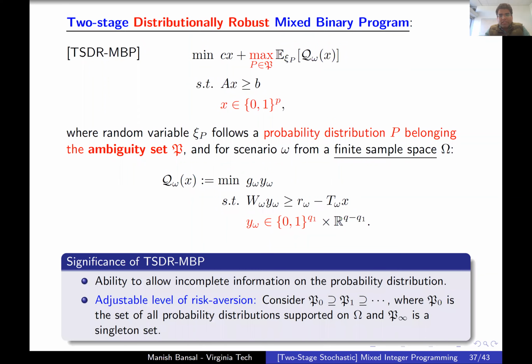The significance of this generalization is that it allows incomplete information on the probability distribution, and it also provides an adjustable level of risk aversion. I can have the set P defined as all probabilities supported on omega to get robust optimization, and I can have P be a singleton set, which leads to the two-stage stochastic mixed binary program.